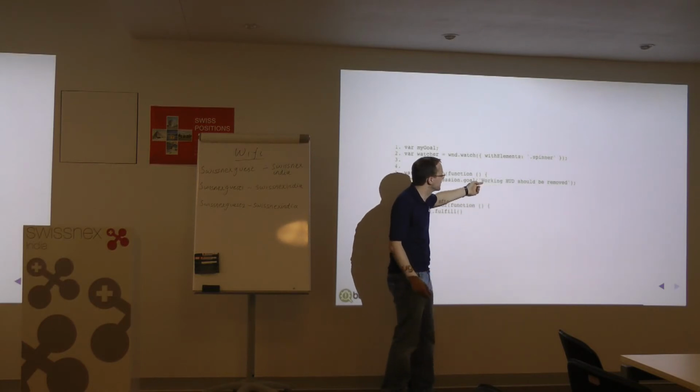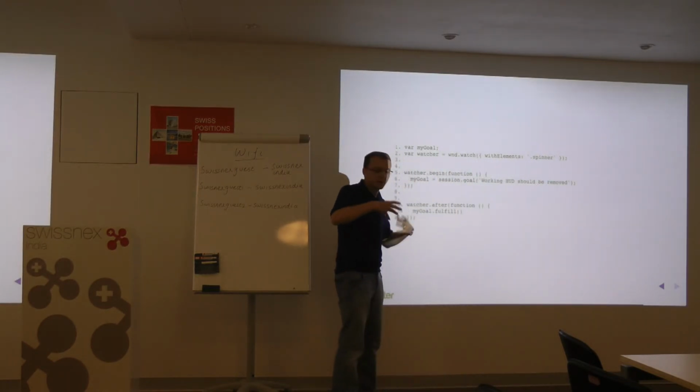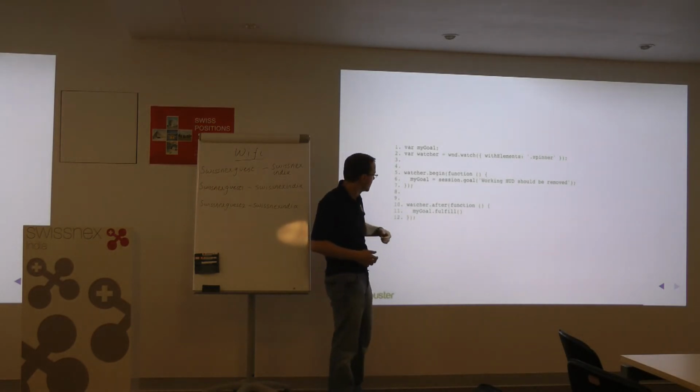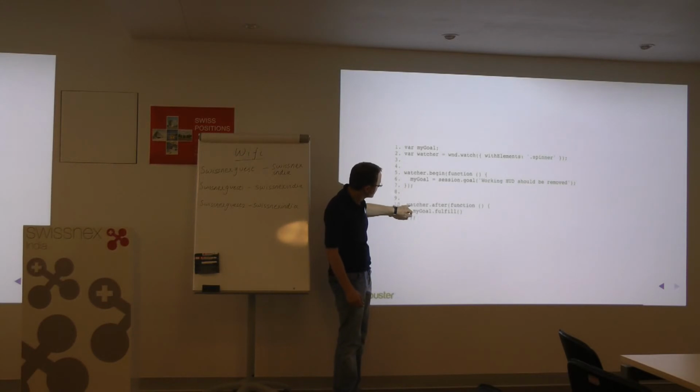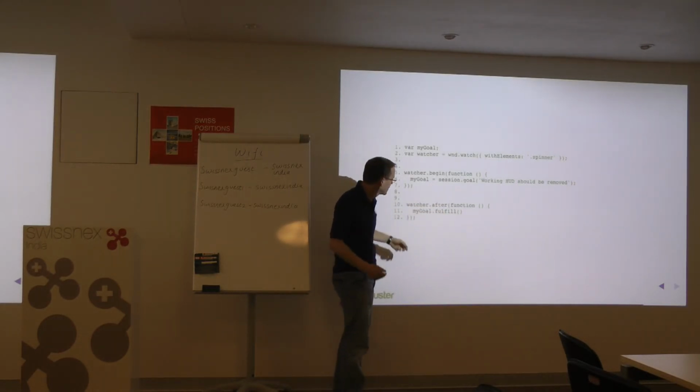It should define this: the working HUD should be removed, that's all. And the robot will continue to explore the application. And at some point, if the watcher called me after, so it means that the HUD was removed from the page, you will say my goal is fulfilled.